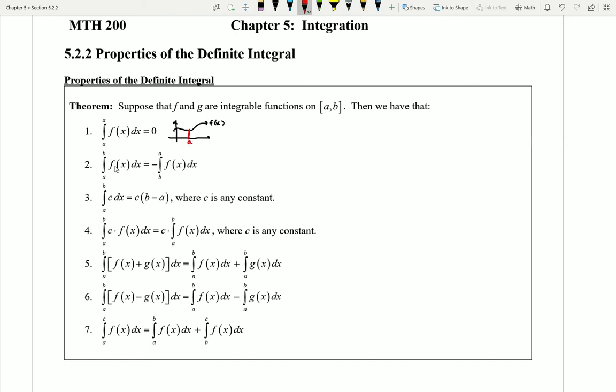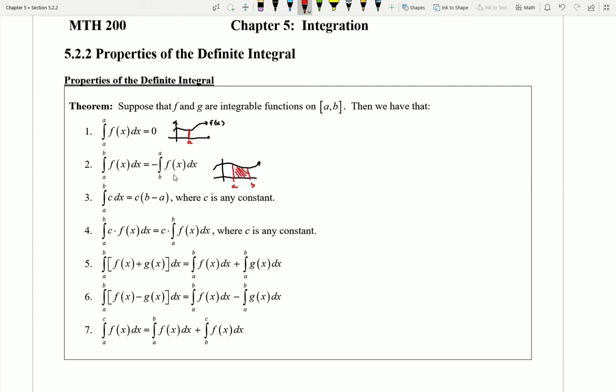Now, if I take a look down here at this next property, this one's a little bit harder to see, but we can still talk through it. Let's suppose that I was going to try to find the area underneath the curve f of x from a over to b. So I would have some sort of a picture that looks something like this. Here's my function and an area from a to b.